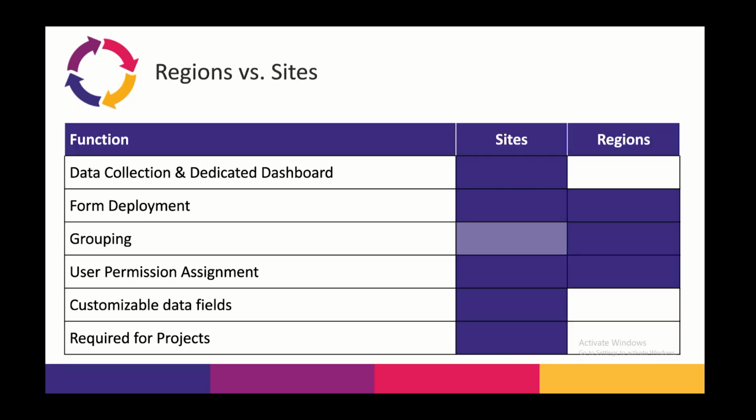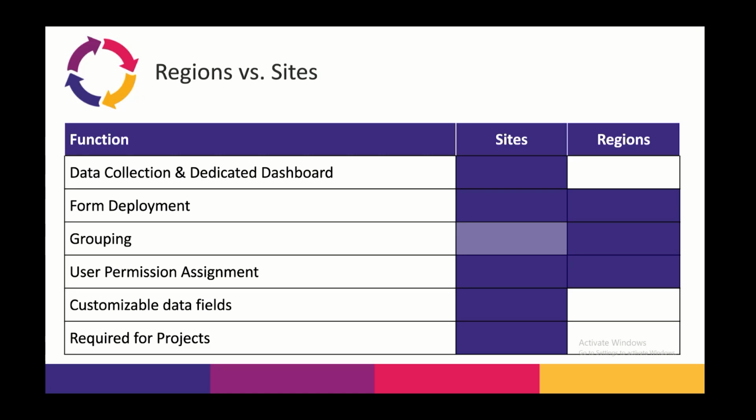So we'll look at some of the differences and similarities between sites and regions. Data collection and a dedicated dashboard belong to sites only, because they're the unit of observation, what we're collecting data within. Regions would be just for organization in that context, so they wouldn't have any data collection.